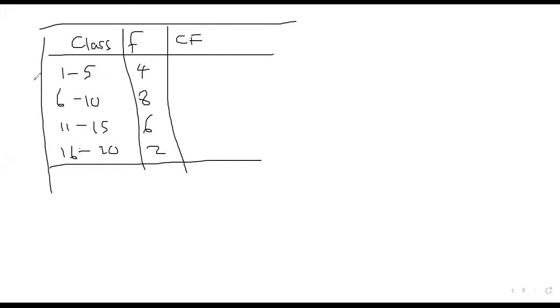So our figures here, the 4, we add it to the 8, we get 12. 12 we add to the 6, we get what? 18. 18 we add to the 2, we get what? 20. So here our n is 20. The height is the distance from here to here to here. So our height in this case is 5.